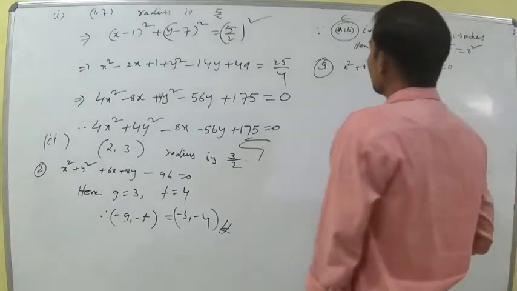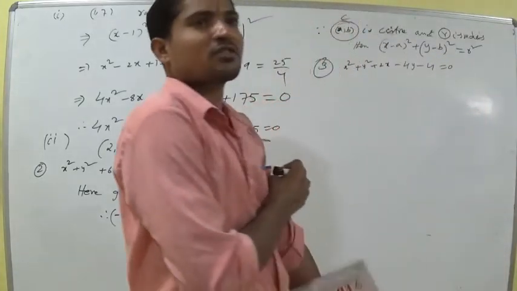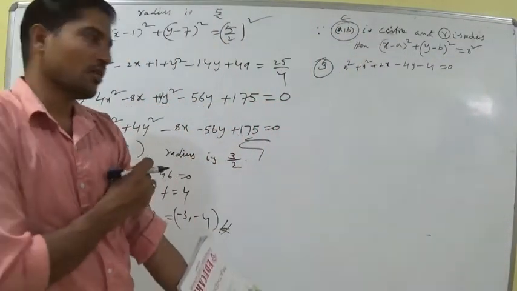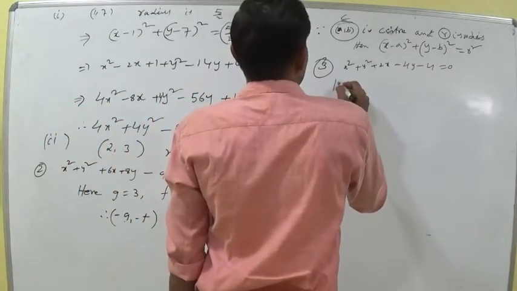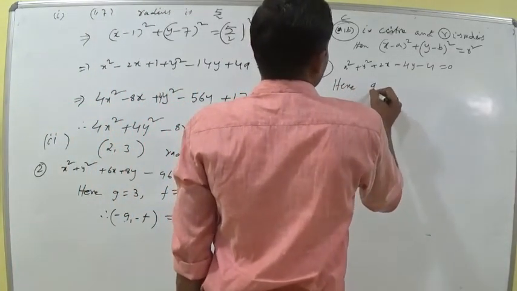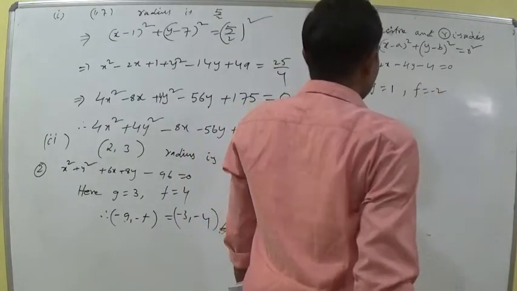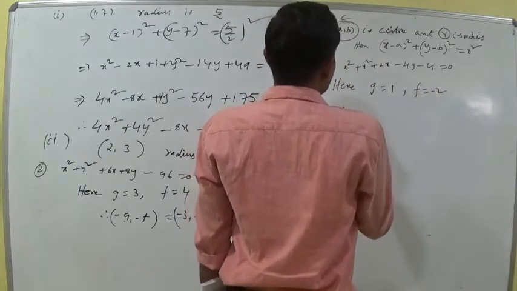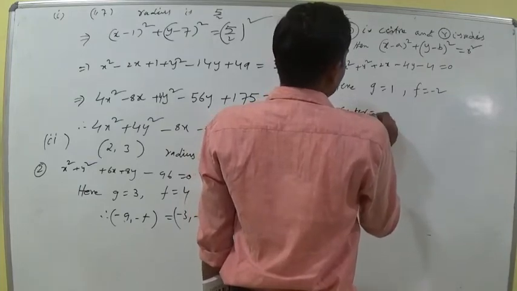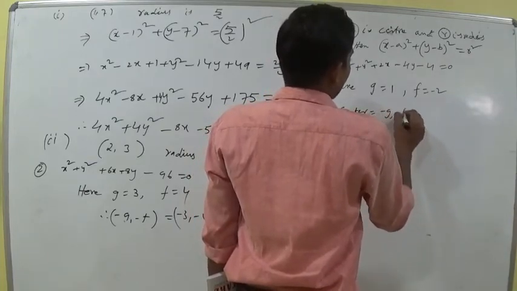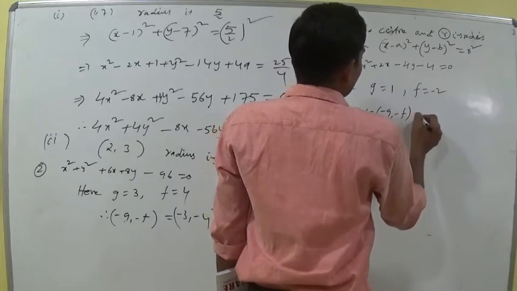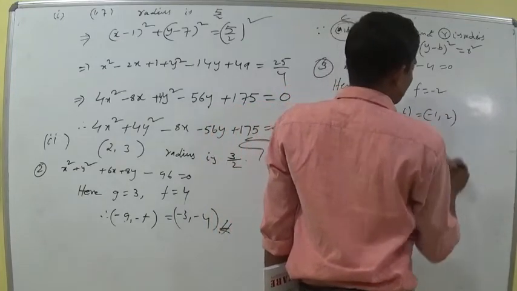The radius of the circle is square root of g square plus f square minus c. Here g is equal to 1 and f is equal to minus 2. Center equal to (minus g, minus f) equal to (minus 1, 2).